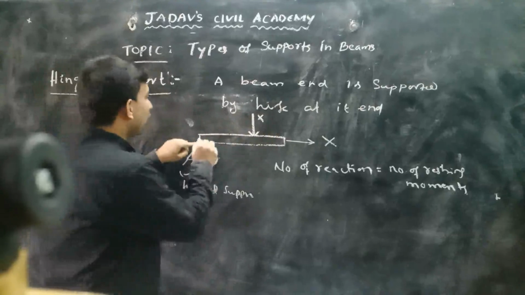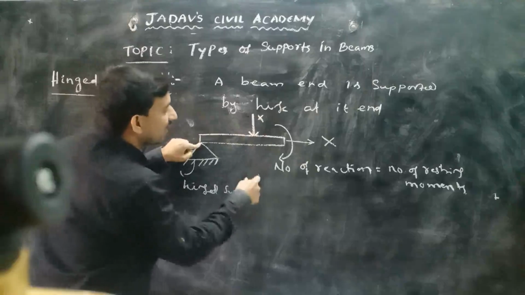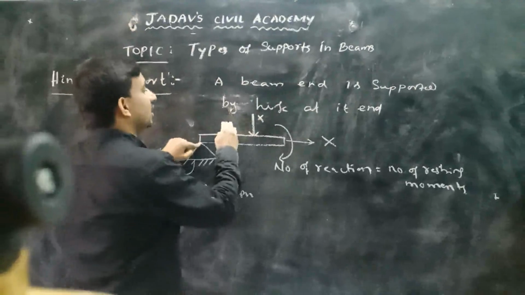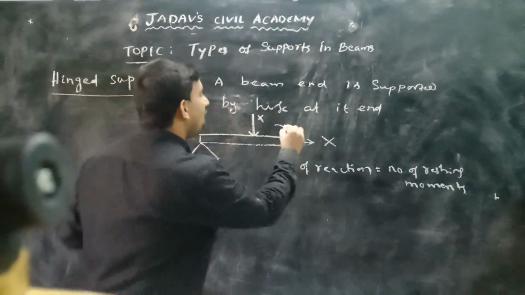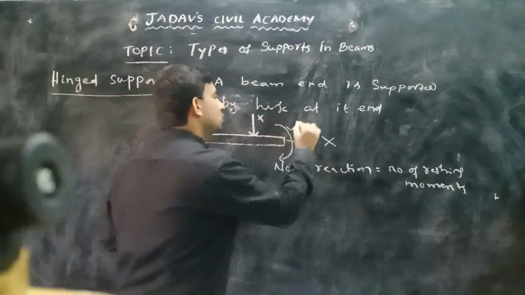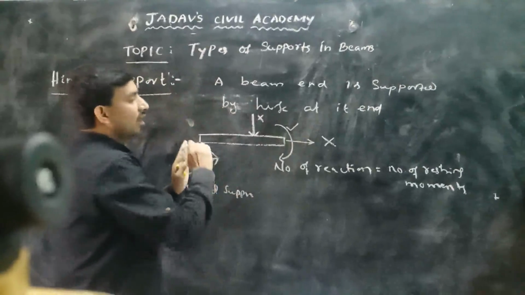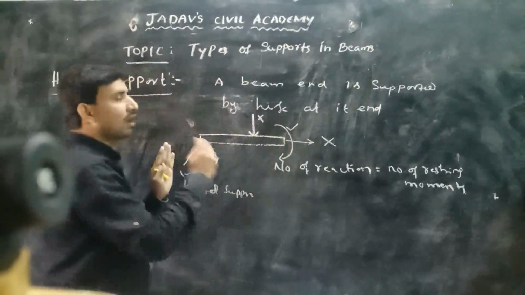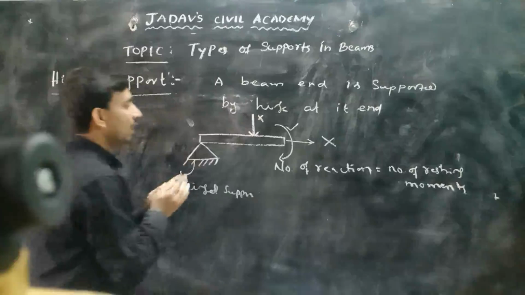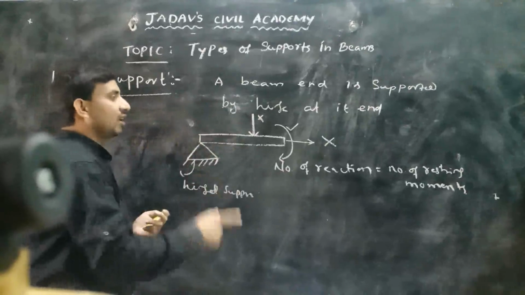And if we apply any moment here, it will move in a clockwise or anti-clockwise direction. So we have a free movement. There is no restriction of movement in rotation. So from this I can say we have restriction in two movements and non-restriction in one movement.